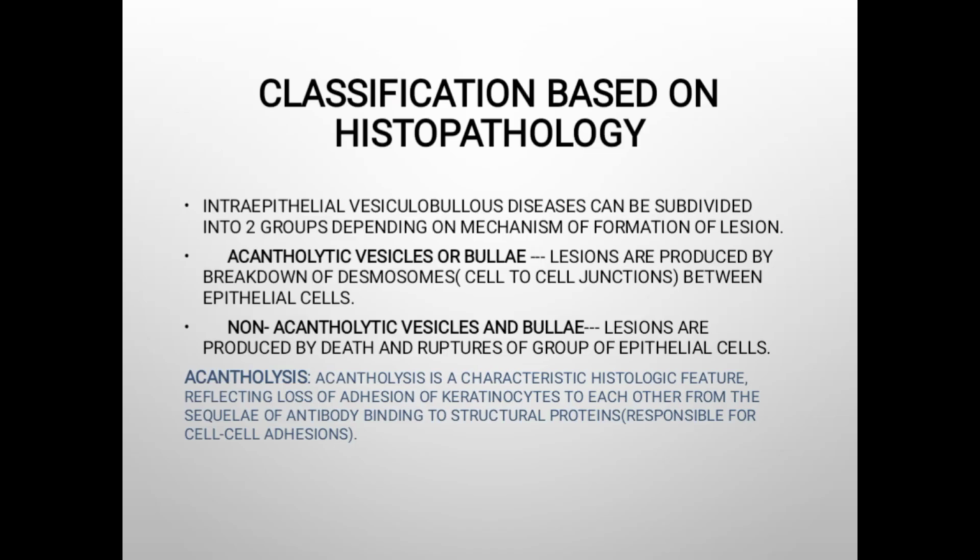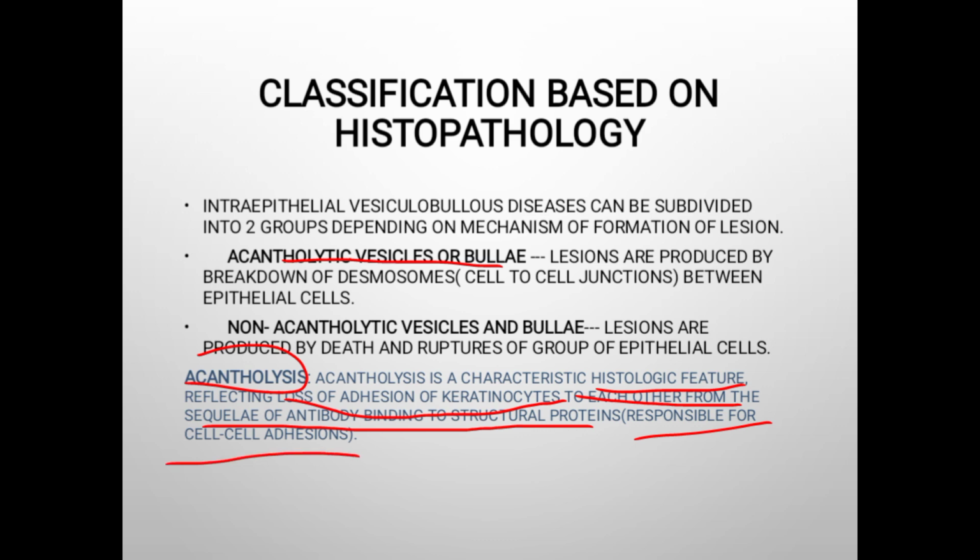Another classification is acantholytic vesicles and bulla, and non-acantholytic. First of all, what is acantholysis? You should know. It is a histologic feature reflecting the loss of adhesion of keratinocytes, resulting from antibody binding to the structural protein that is responsible for cell to cell adhesion. Means the loss of adhesion between the cells.